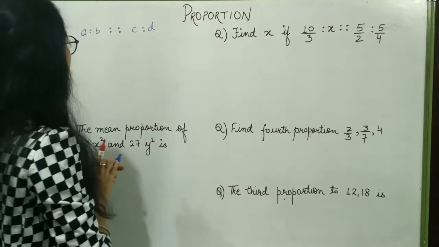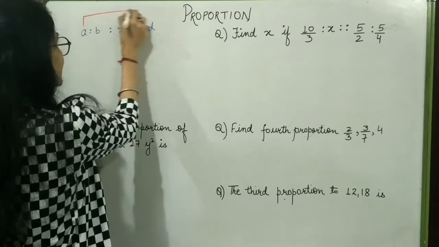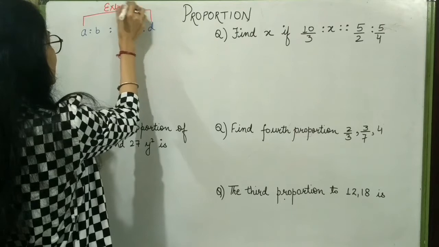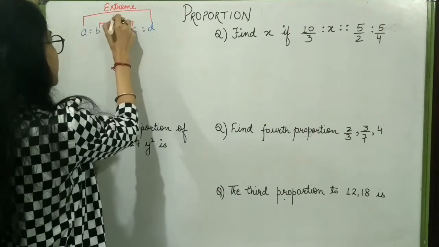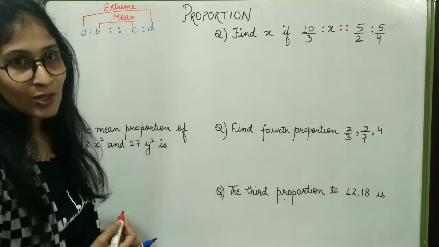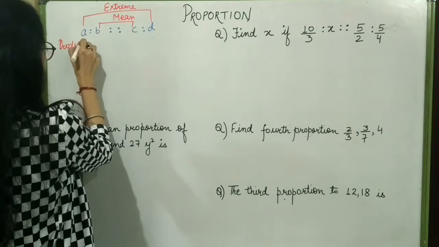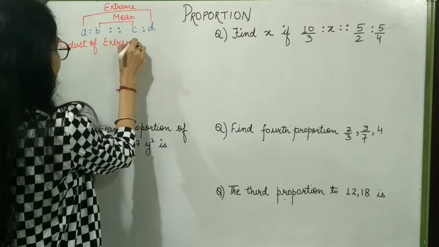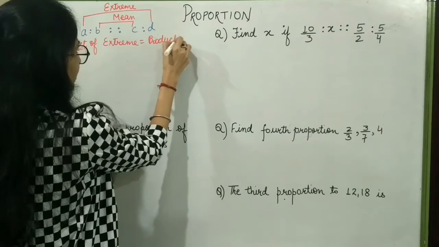Now here, the first and the last term are known as extreme terms, and the middle two terms are known as mean terms. These are in proportion if the product of extremes is equal to the product of means.